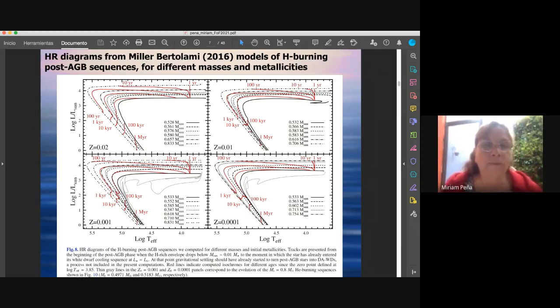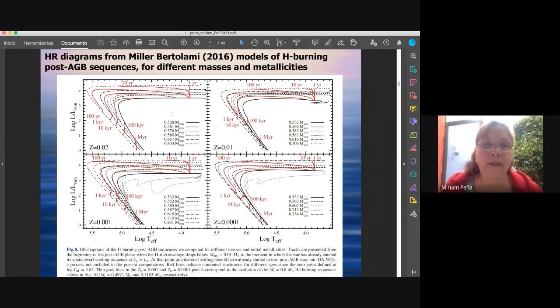Let's see this one, above to the left, with metallicity 0.02. Here we have the behavior of the central star in this HR diagram, and stars with different masses are shown.